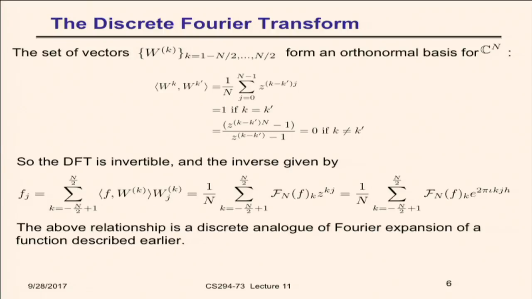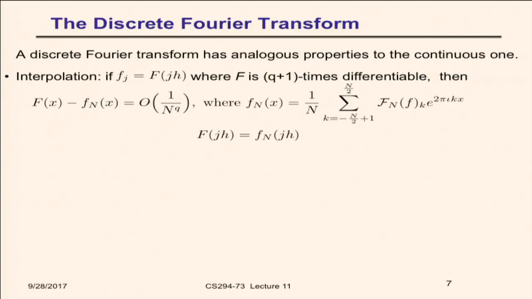So it's just writing out the expansion, and in fact, lo and behold, we get the discrete inverse Fourier transform out of this. So this is the discrete analog of a Fourier expansion of a function described earlier, and the inverse transform, which takes you from discrete to discrete. In this case the points in real space are discrete points, it's discrete coming and going. They look very symmetric when you discretize.